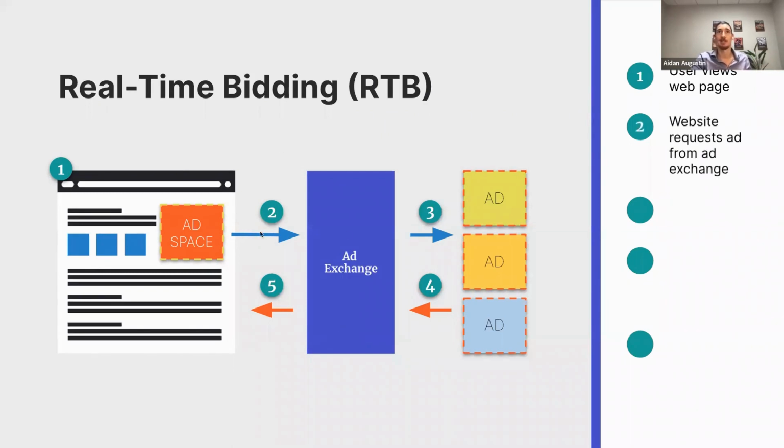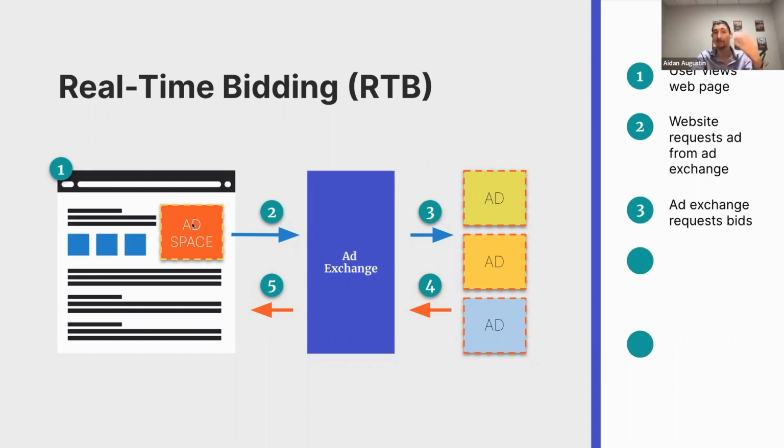Step two then is they say, hey, ad exchange, my website's loading. I have this space. Who's willing to pay the most money for it right now? Who wants to reach this specific website visitor who's visiting my page right now? The ad exchange then goes to the advertisers and says, who's trying to reach this person, this website? Here's the information I have. Who wants this ad slot?